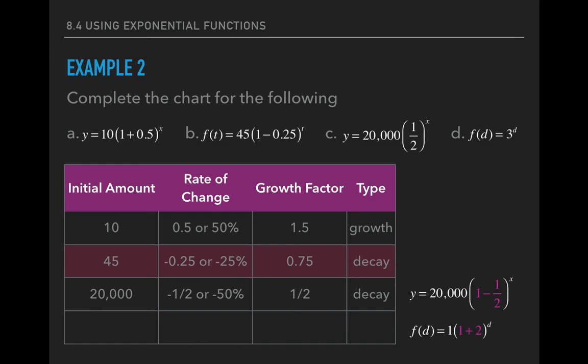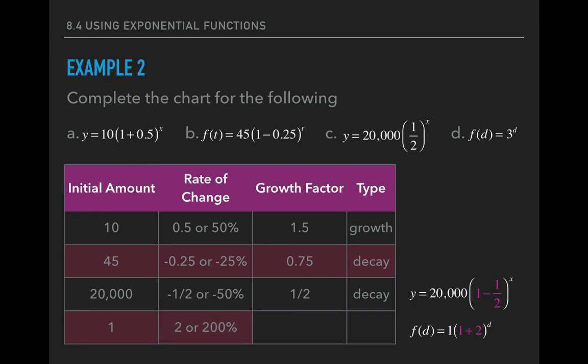And that A value, well, there really isn't one. So it is 1. It wouldn't be 0 because if you multiplied 0 times anything, that whole thing would zero out. So it's just an almighty 1. You don't see him, but he's there. This means our initial amount is 1. Our rate of change is 2.